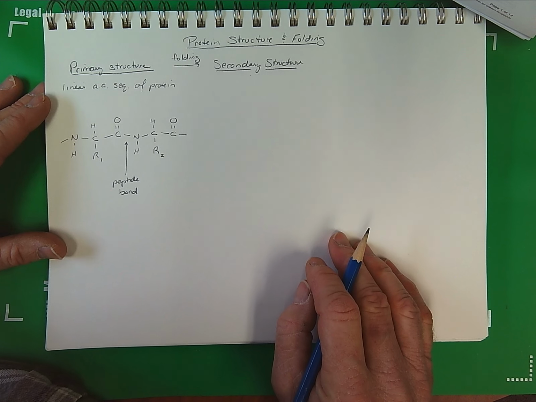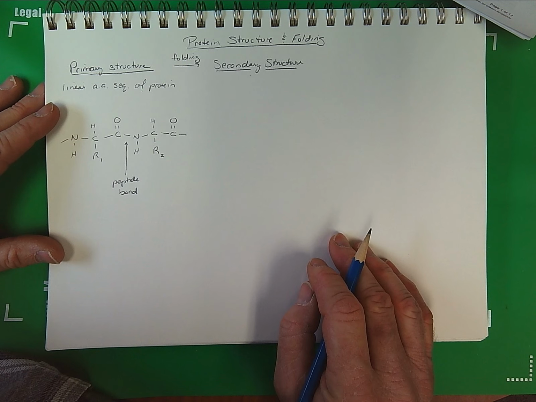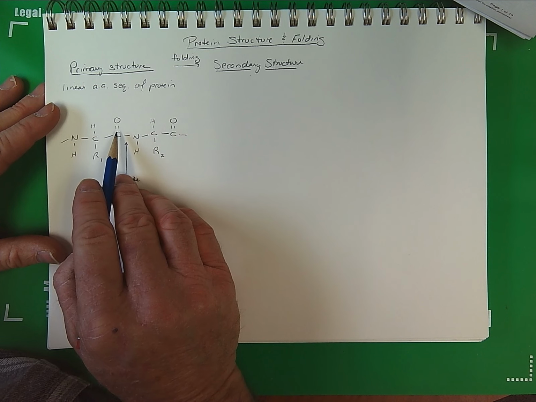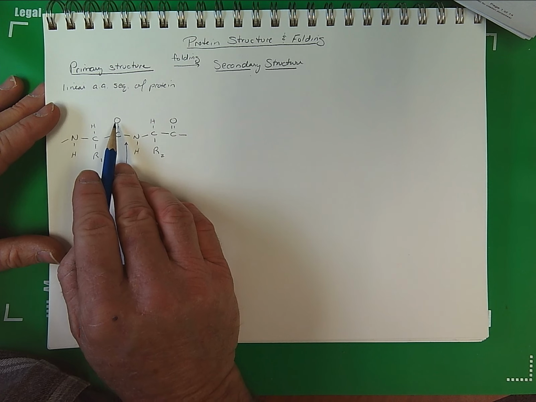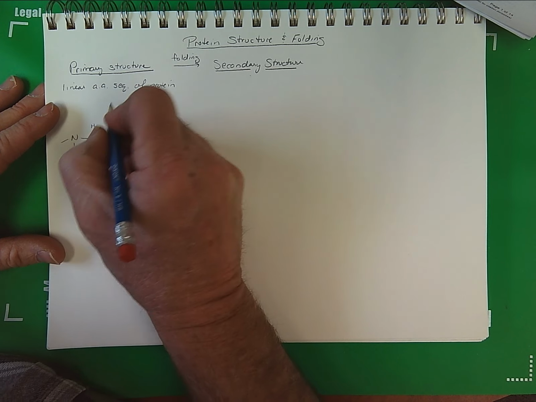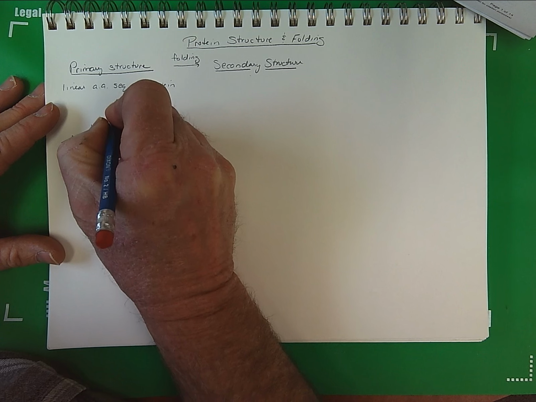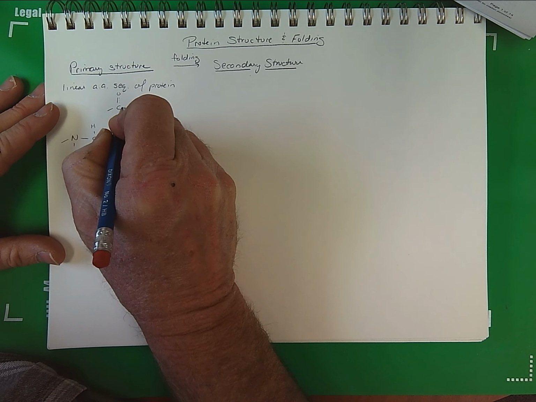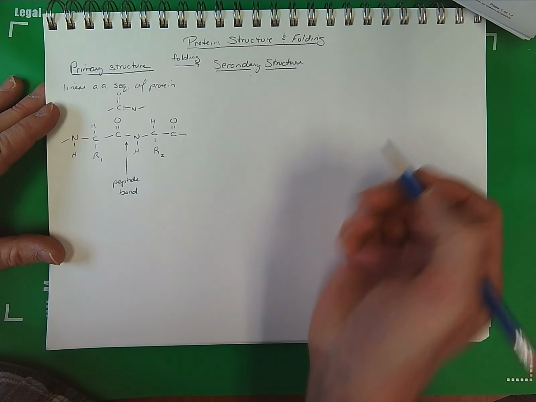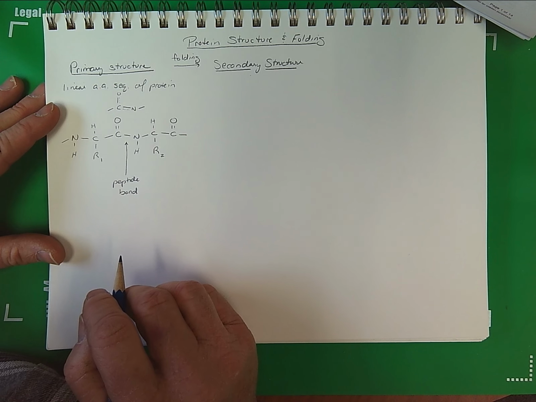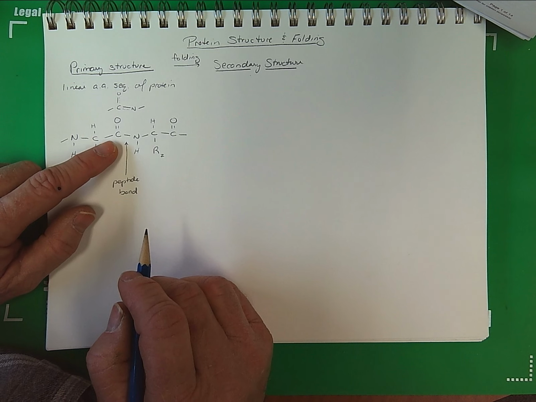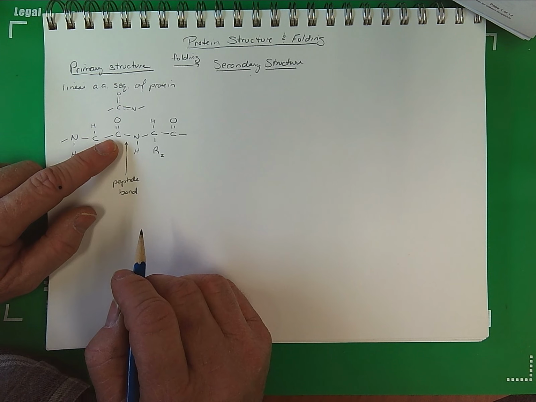The peptide bond has a very unique property in that it is a partial double bond between the oxygen and carbon and nitrogen. So this is more accurately written as a partial double bond. Now recall, rotation around a double bond cannot occur.